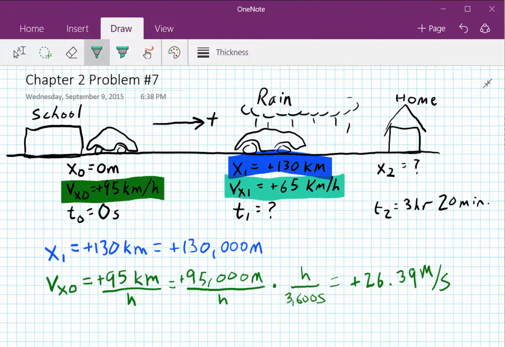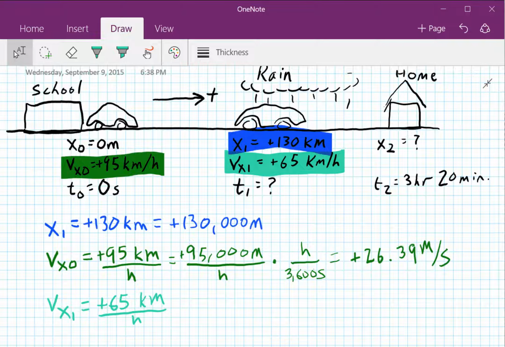So you have Vx1 equals a positive 65 kilometers. And again, I would write the hours underneath. Let's move this up a bit. So we know, just like before, that's going to be a positive 65,000 meters over an hour.